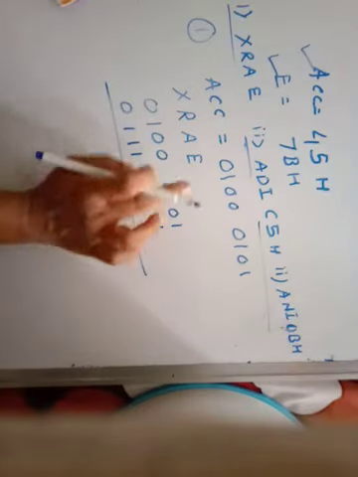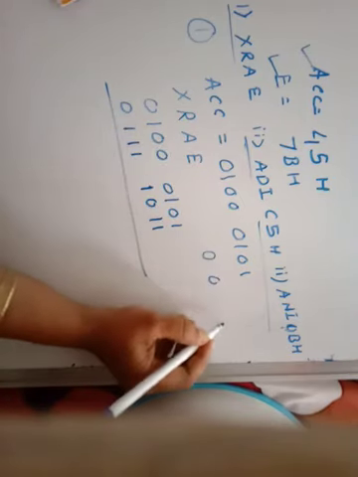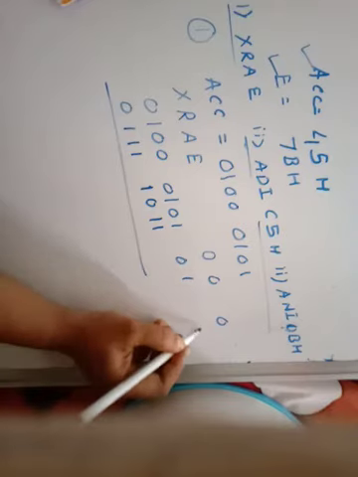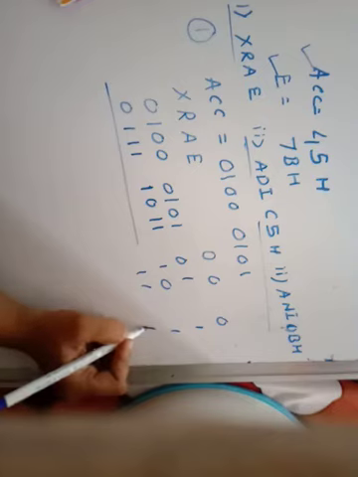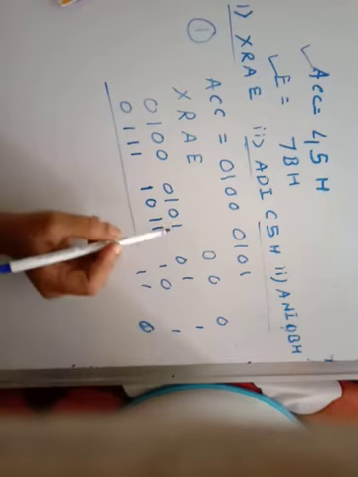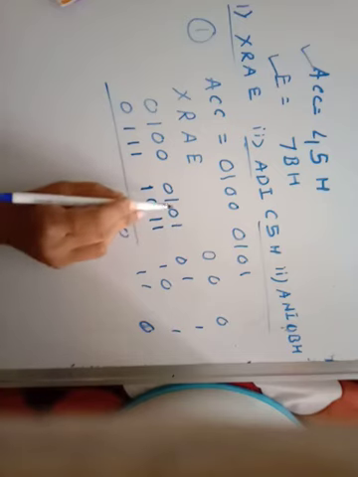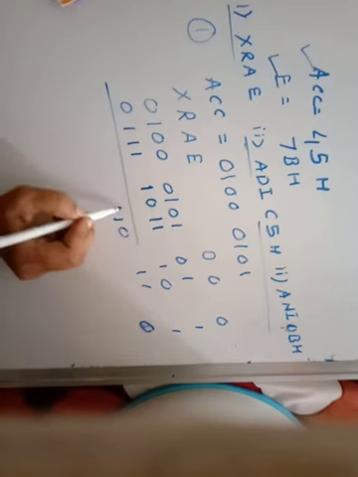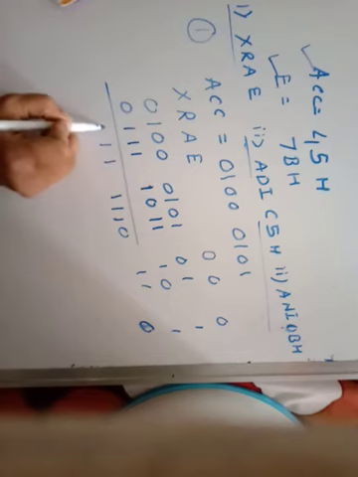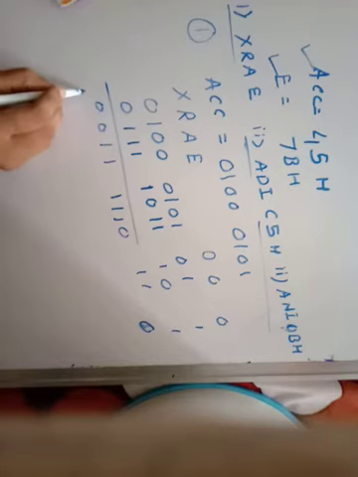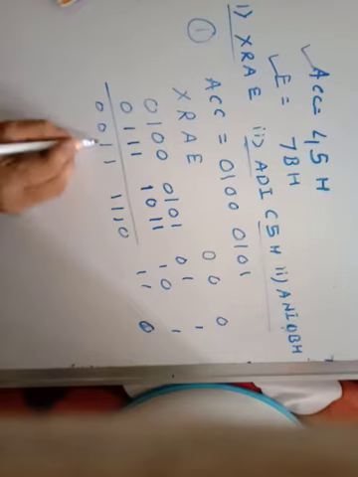In case of this XRA E, we have the truth table of XOR gate, that is 0 0 it will come 0, 0 1 it is 1, 1 0 it is 1, and 1 1 it is 0. So we have to check all these conditions here also. So your respective answer is 0011 1110.